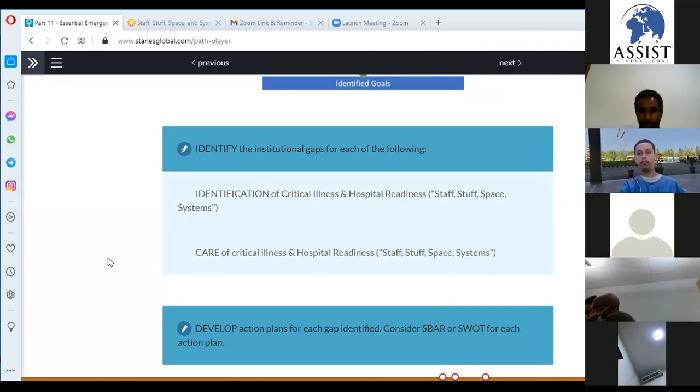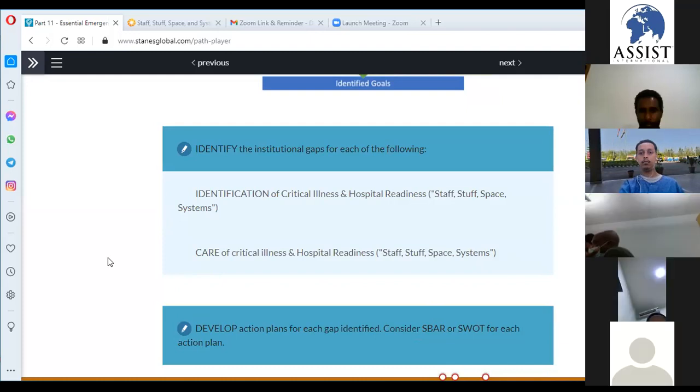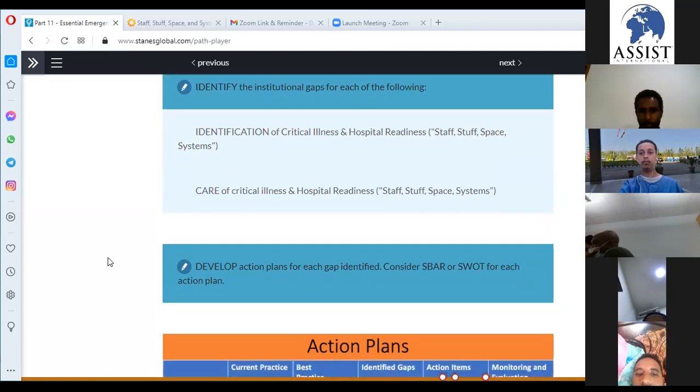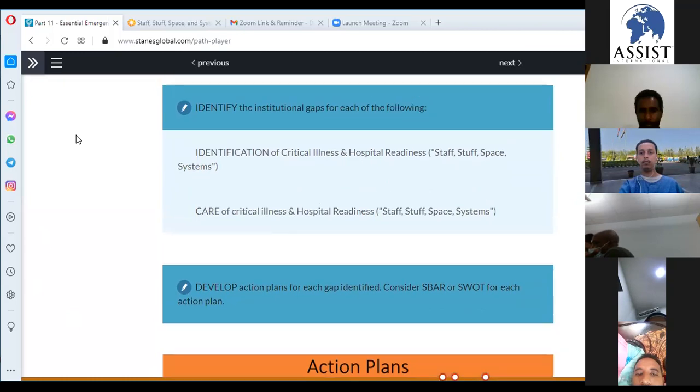The first thing is the need, the importance, establishing the system to communicate and to monitor patients, to identify patients, and developing a system of providing this simple but important care for critically ill patients.